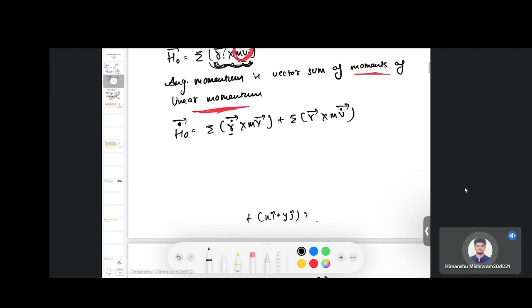So this r dot is actually the velocity, which means I am taking the cross product v cross mv, which is 0, because you cannot take the cross product between the same vector. So this quantity is 0. So you will get H dot equals summation of r cross m v dot, and this is the acceleration, right?